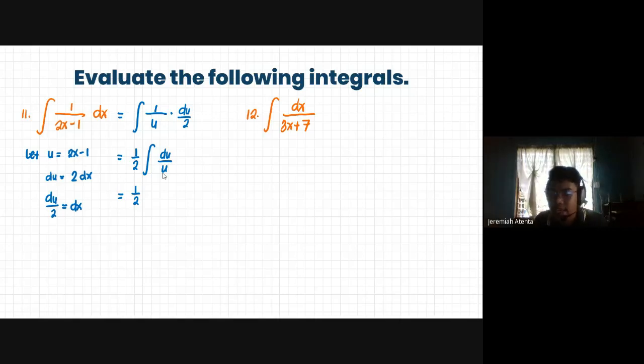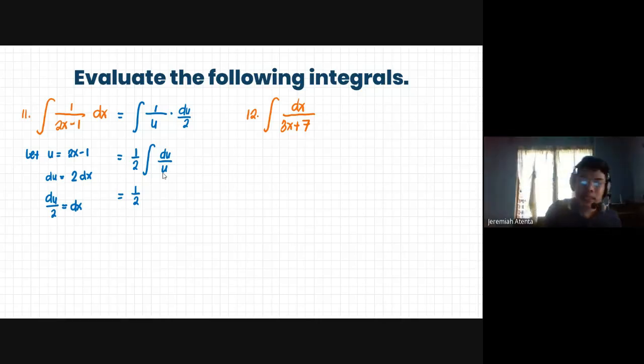Sinabi ko siya kanina. So what is the integral, guys, of 1 over u du or du over u? Hello, may delay ba diyan? May delay ba?